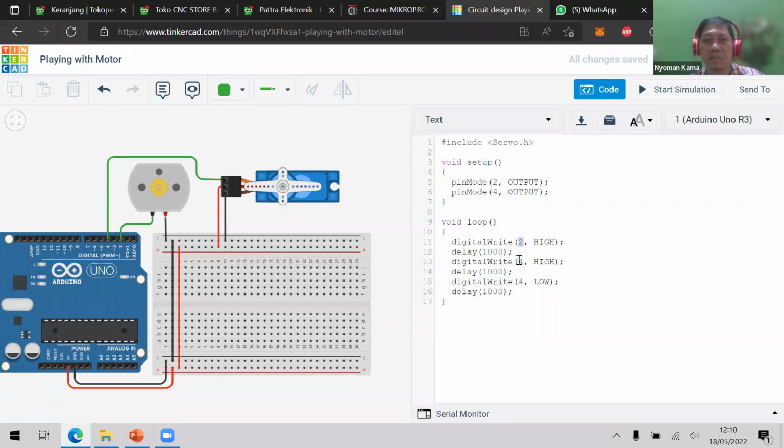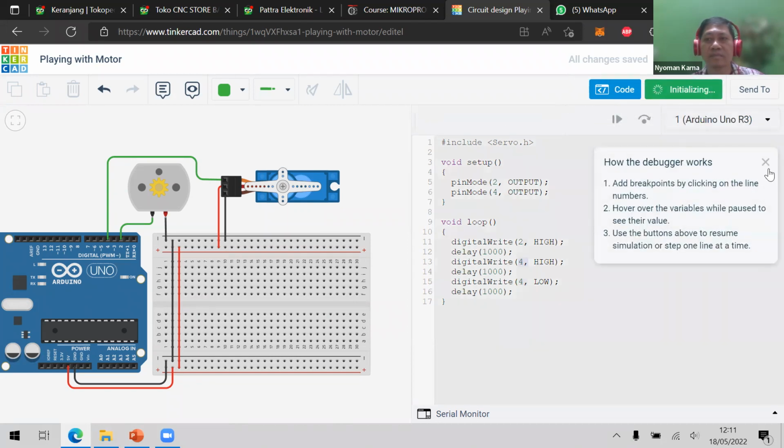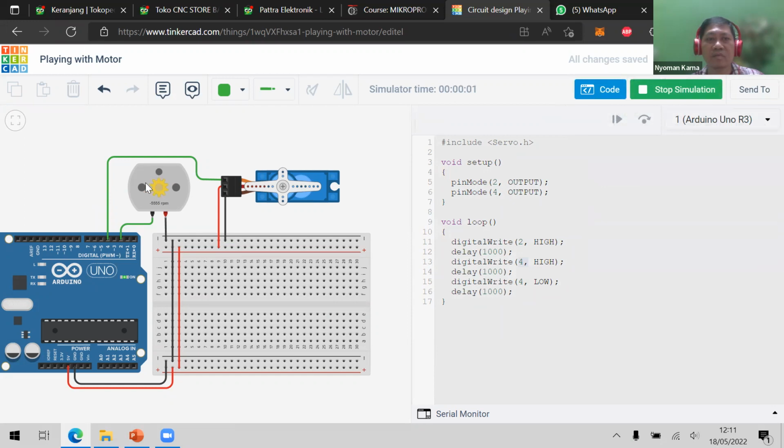After that, I'm going to send high voltage to pin number 4. Pin number 4 is connected to the servo motor. It will send high and then it will send low. Okay, let's try that. Start simulation. First, it will rotate and then rotate, move, rotate, move.